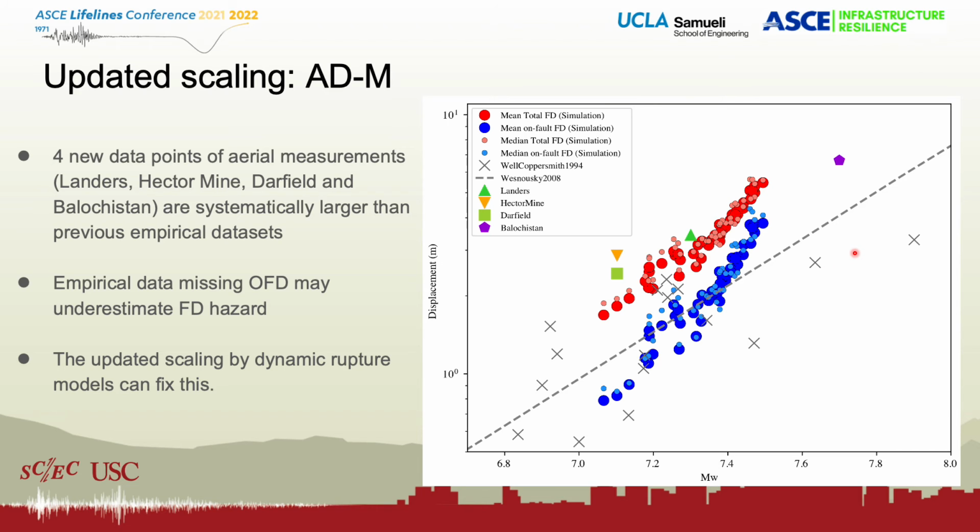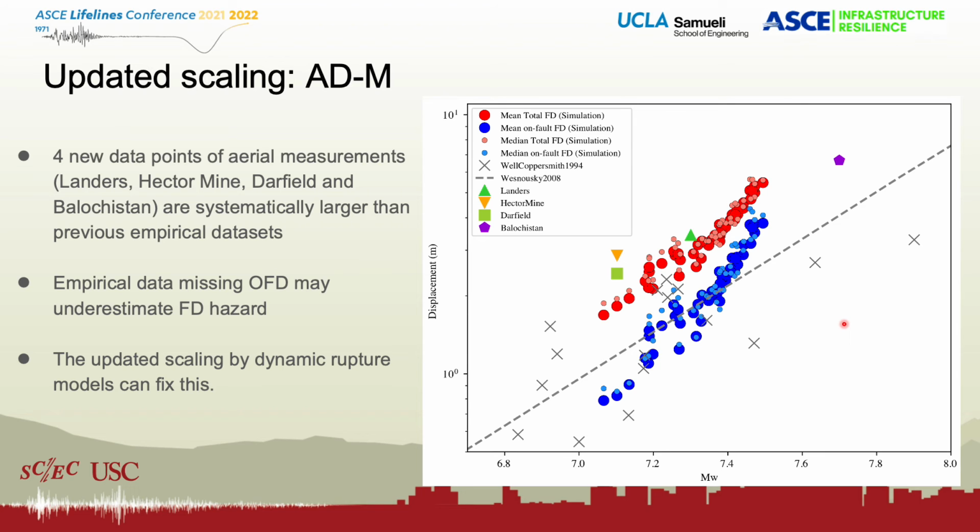There are 4 new data points for Lander's, Hector Mine, Darfield, and Balochistan, showing the aerially detected displacements or total displacements are systematically larger. Our simulated total displacements are closer to these 4 datasets relative to the empirical datasets.